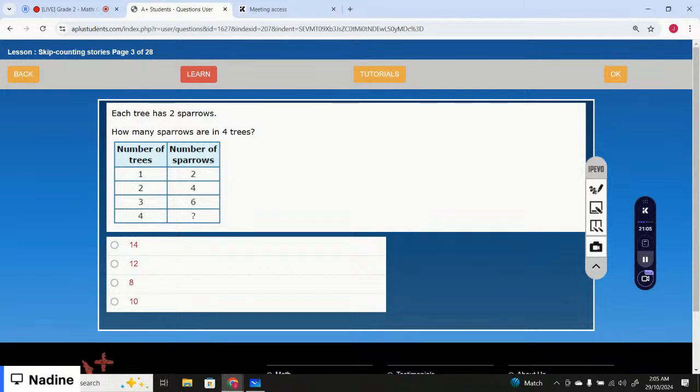So the sparrows in four trees are, very good. The correct option is 8. So four trees have 8 sparrows. The correct option is 8. Very good.